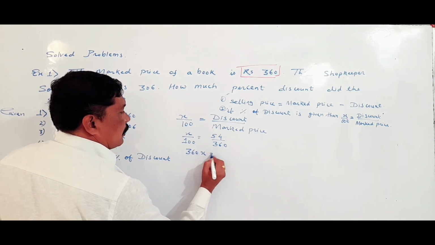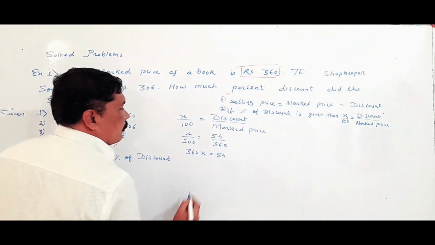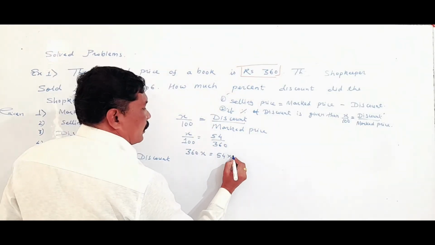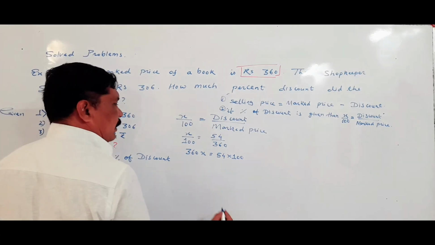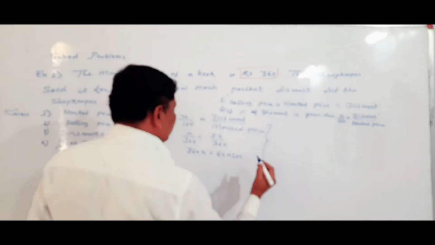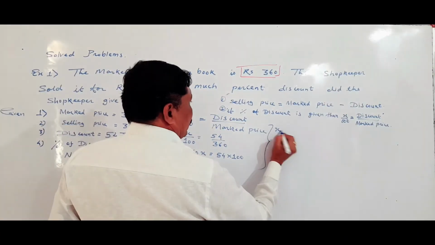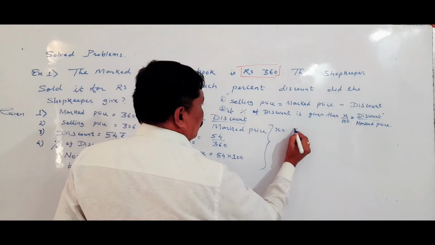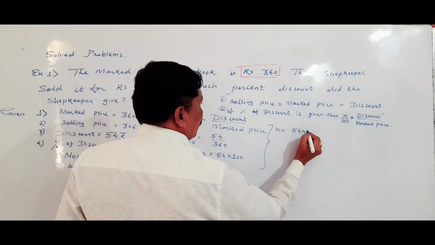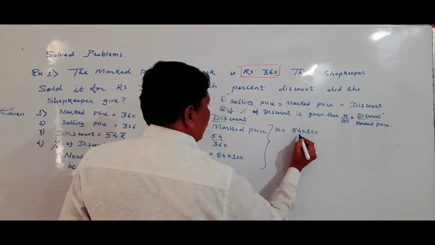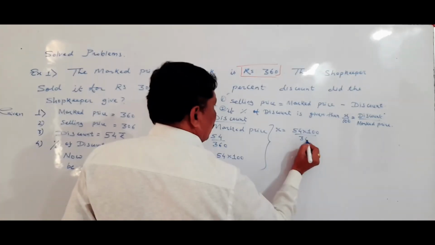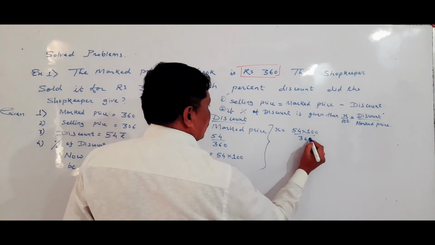360 X is equal to 54 into 100. X is equal to 54 into 100 upon 360.